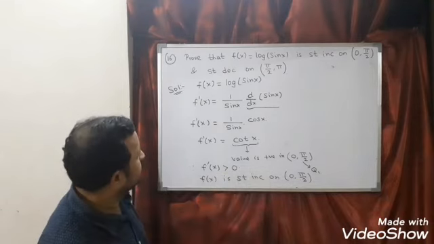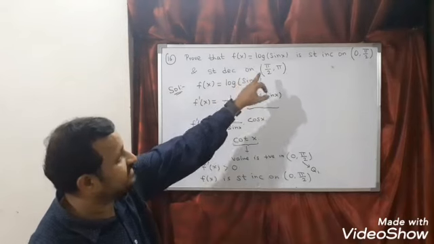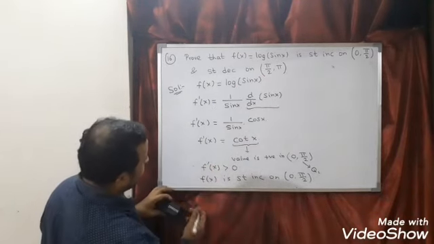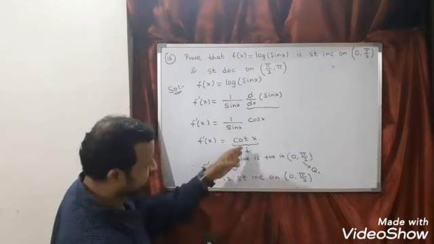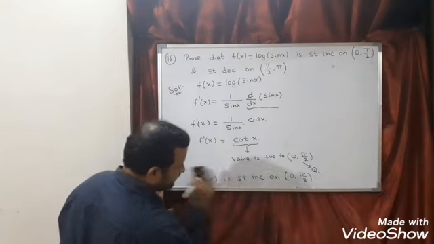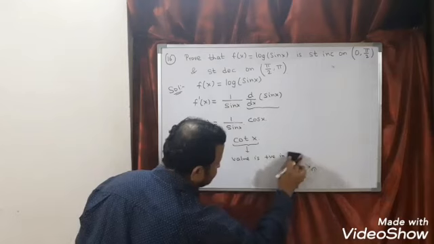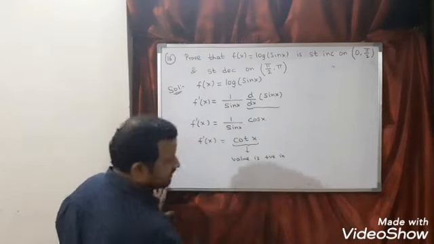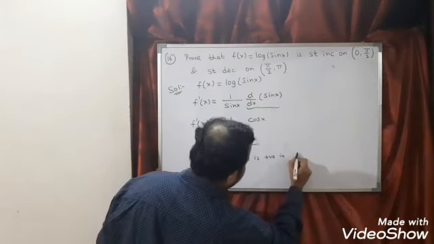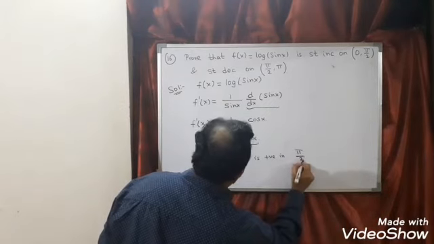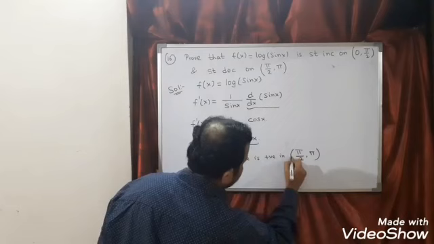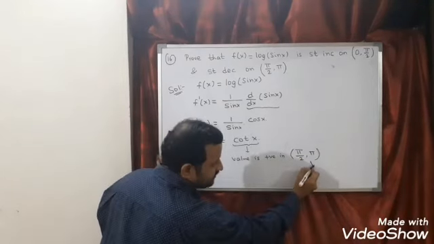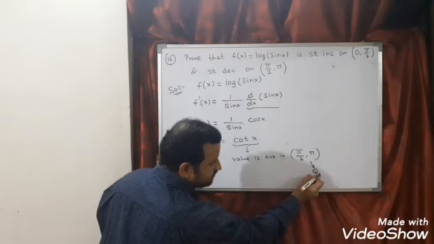Next, strictly decreasing on pi by 2 to pi. So what I can do here is again the same. Now look here. What is the quadrant given? It is pi by 2 comma pi. So pi by 2 comma pi belongs to which quadrant? Second quadrant.